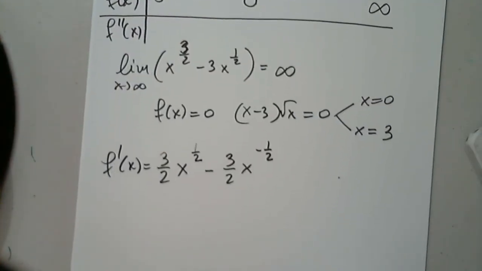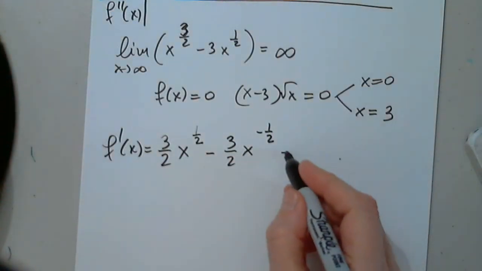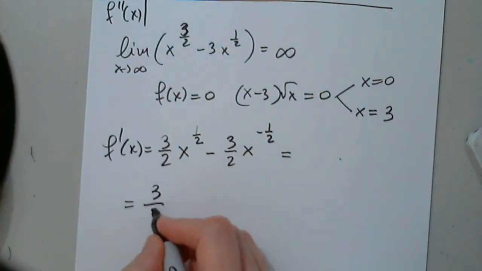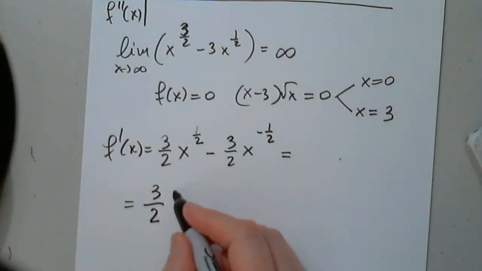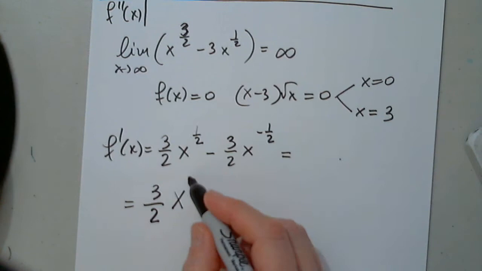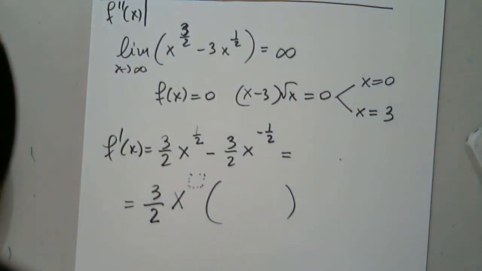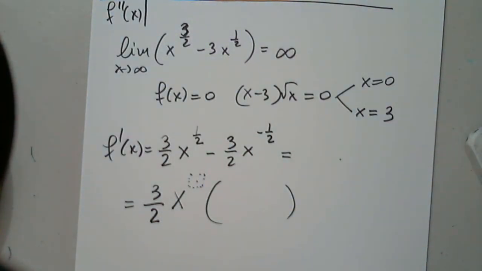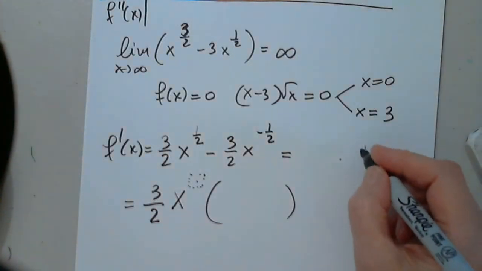If I don't factor right now, I will probably have difficulties in finding the critical numbers. Of course, I will factor out 3/2, and x is a common factor. And what is the power that I need to raise that common factor to? Or what is the power that I need to use? And the answer is always the smallest power.